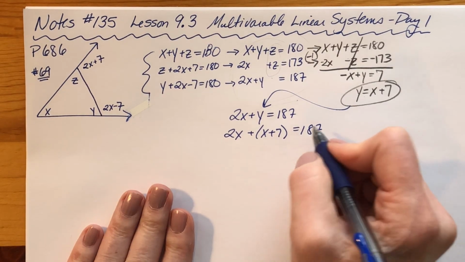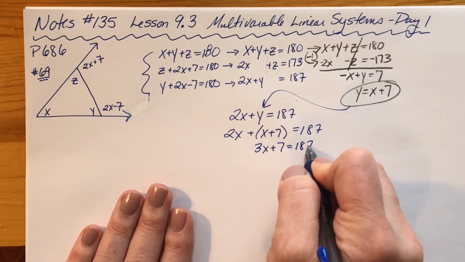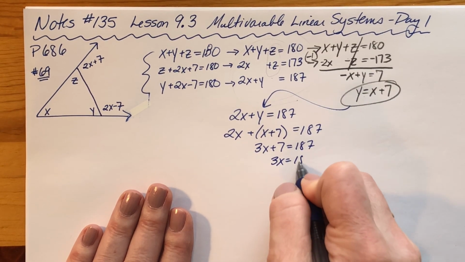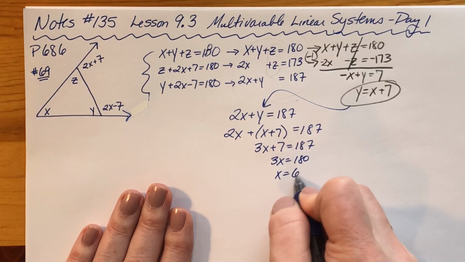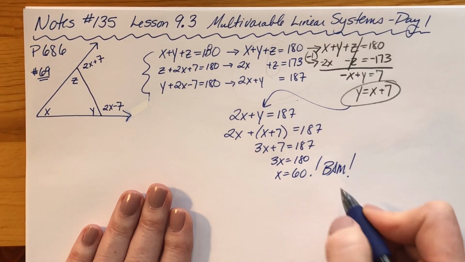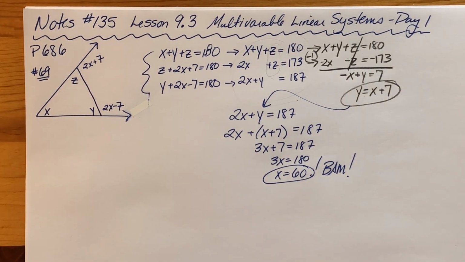We'll clean that up. Let's make it 3x plus 7 equals 187. Subtract that, so 3x is equal to 180. x is equal to 60. Bam, we got it. x is equal to 60 degrees. Beautiful. So my job now is to find the other two angle measures, the z angle and the y angle.